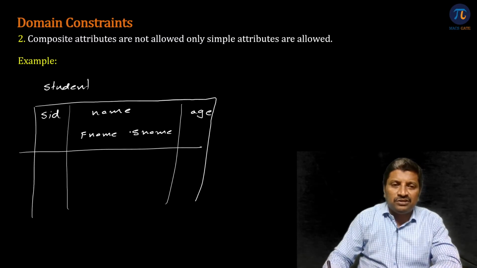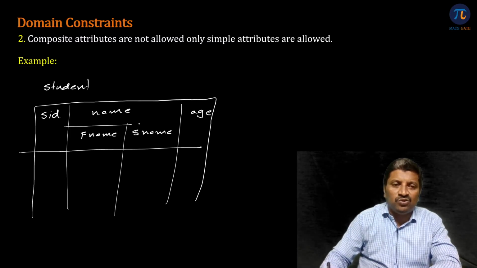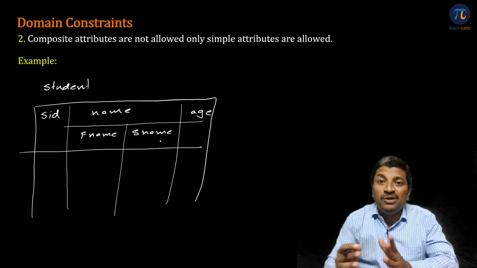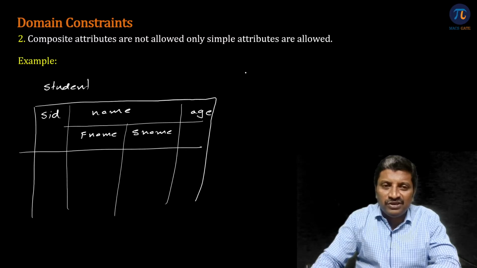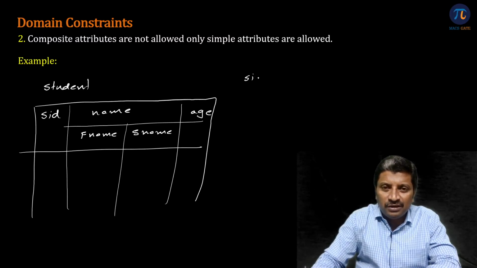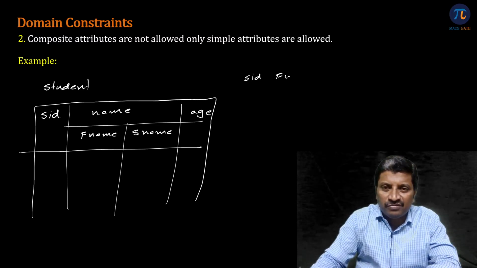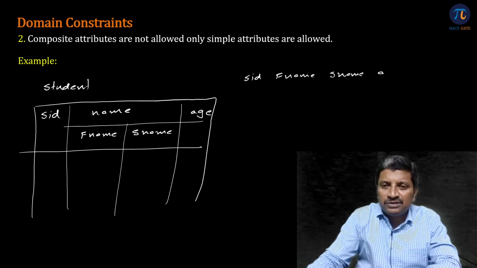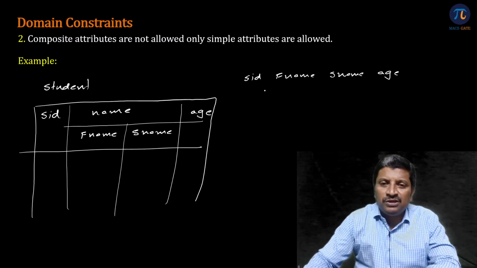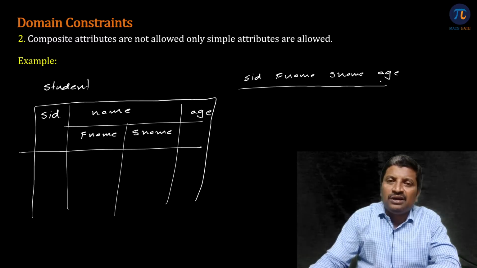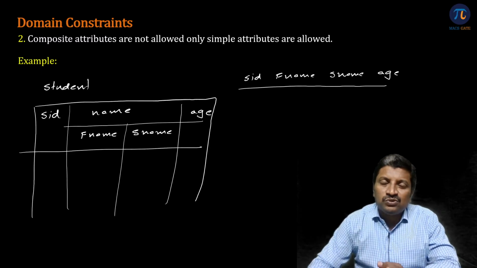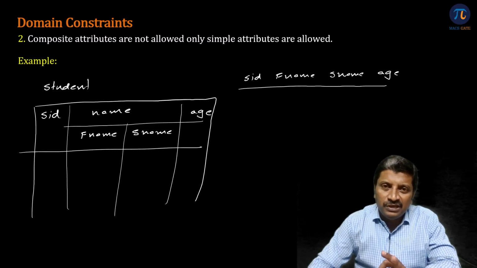Consider these two as individual columns. Consider first name and surname as independent columns. Then we create the table like SID, first name, surname, age. In this case, they are independent columns. They don't have any relation, so they are simple attributes. Is that fine?